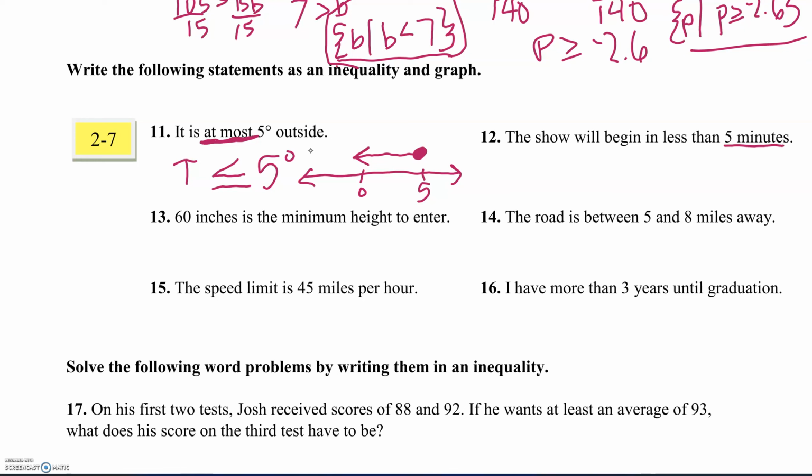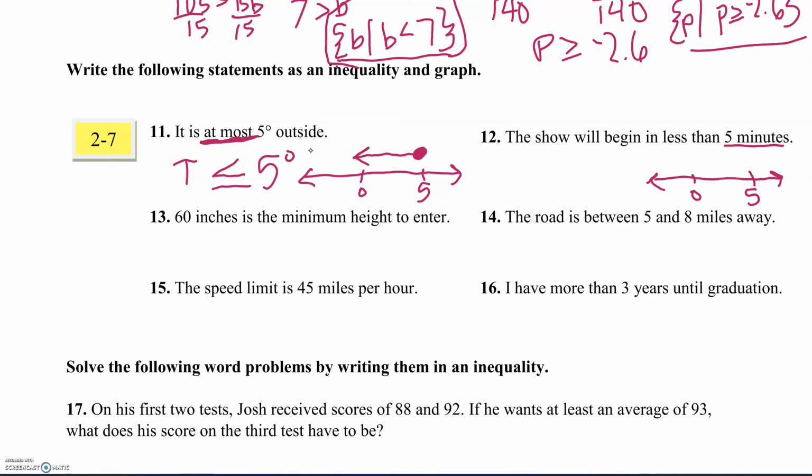But I am not Marty McFly, so can't do that. So I'll draw my picture first, my number line graph, and then let's talk about how we'd write it as an inequality. So I have, again, 5 minutes and 0 for reference. The show will begin in less than 5 minutes.